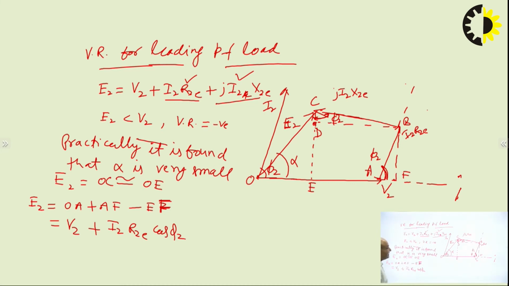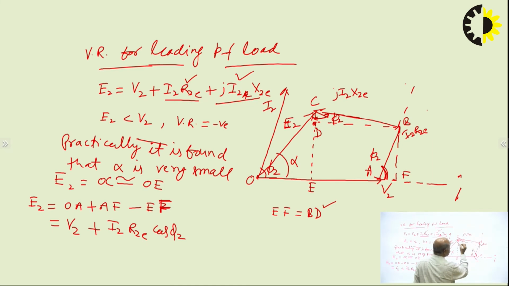And what will be EF? From this diagram, we can see that EF will be equal to DB or BD. From this right angle triangle DCB, we can find out BD.